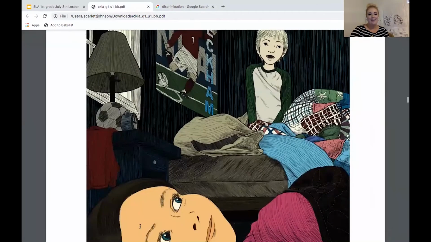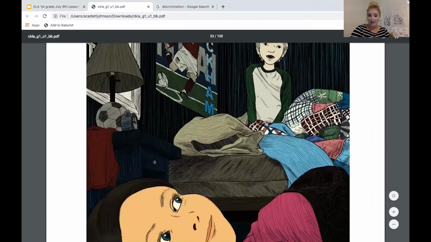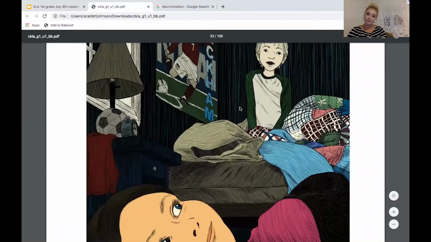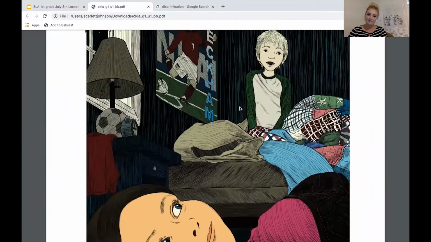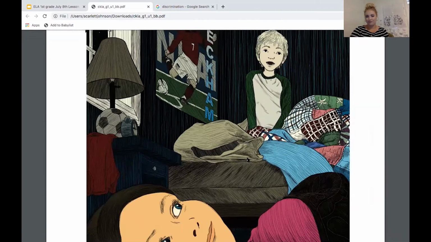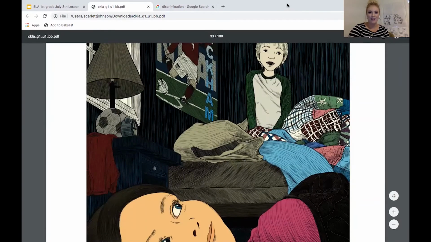Okay, so who is Beth sleeping next to? Nat, that's right. So how do you know that's Nat? Because he's the boy in the story and he's the friend. That's right. Very good.